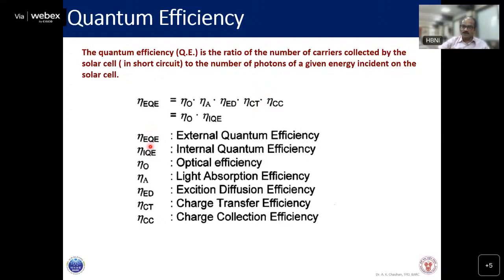So suppose 100 photons are falling, then what fraction of photons are giving you the respective electron hole pairs which are collected at the electrodes? Ideally it should be one, but it is calculated by allowing a large number of photons of a particular wavelength to fall on the solar cell, and the current is measured in the short circuit condition.